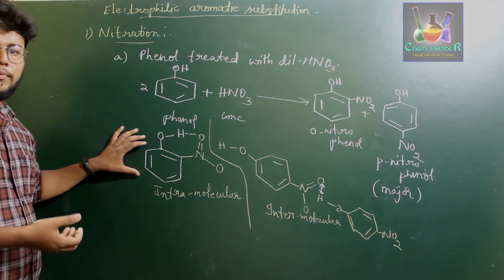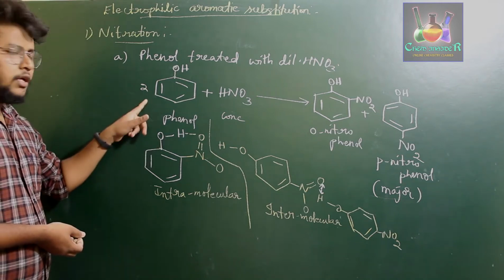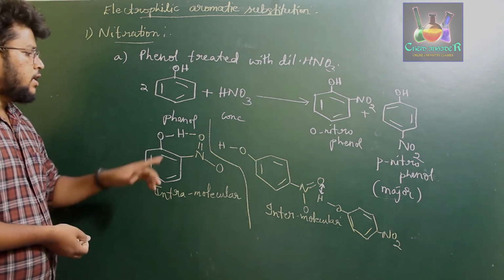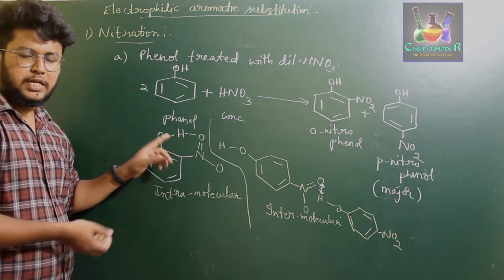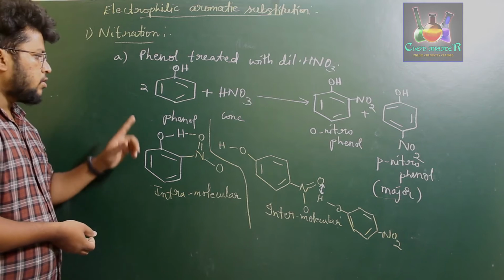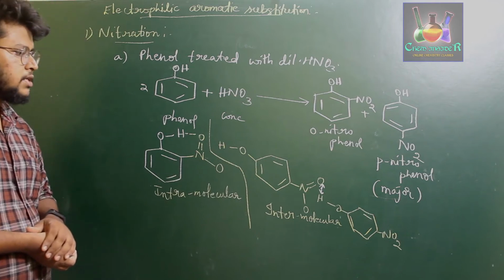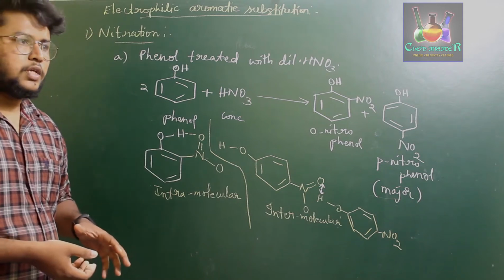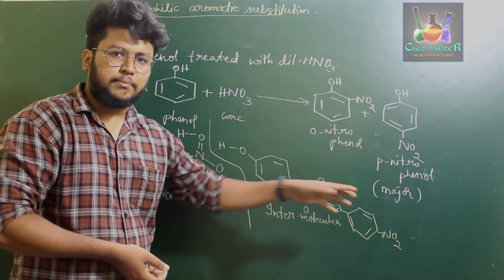they always try to form separate molecules individually, as the nitro group of another molecule may otherwise be involved in hydrogen bonding with this hydrogen. The orthonitrophenol molecule tries to stay separate in order to avoid intermolecular hydrogen bonding with the nitro group of another phenol ring. In the case of paranitrophenol, since there is no intramolecular hydrogen bonding, it always tries to stay intact because of the intermolecular hydrogen bonding, like a long chain.